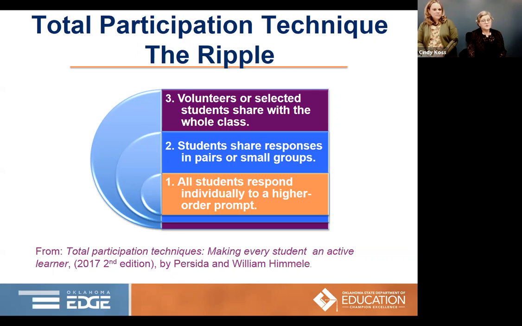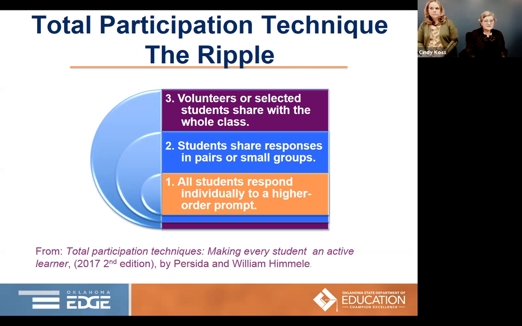So using the ripple, it really gives all students a chance to respond individually first to a prompt. So that's where you would start. And then after they've had an opportunity to think about the question, they can then go to their peer and have face-to-face or shoulder buddies and talk about what they think and move forward.